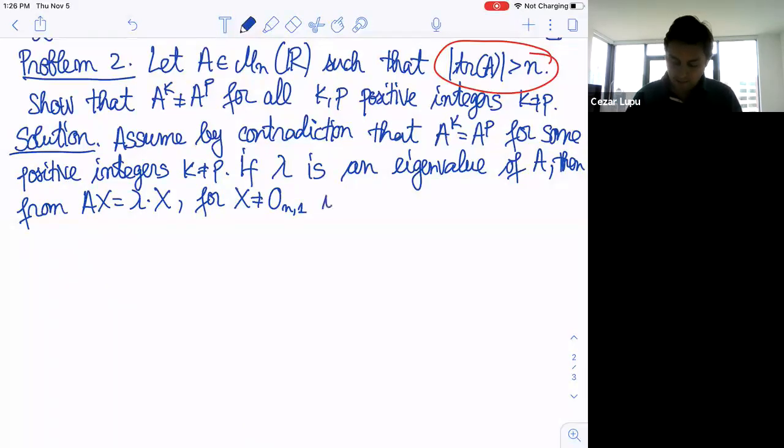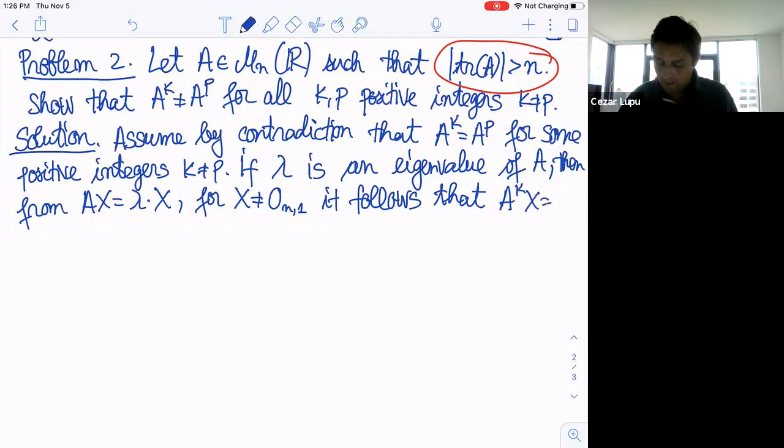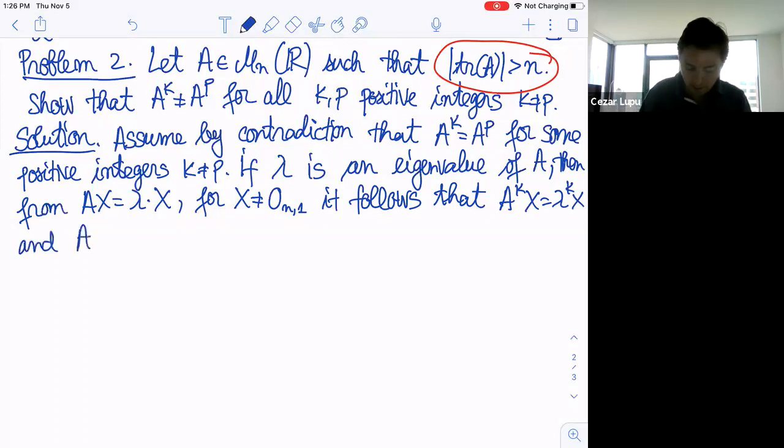It follows that A to the power k x is lambda to the power k x. You just iterate this. And A to the power p x is the same as lambda to the power p x.